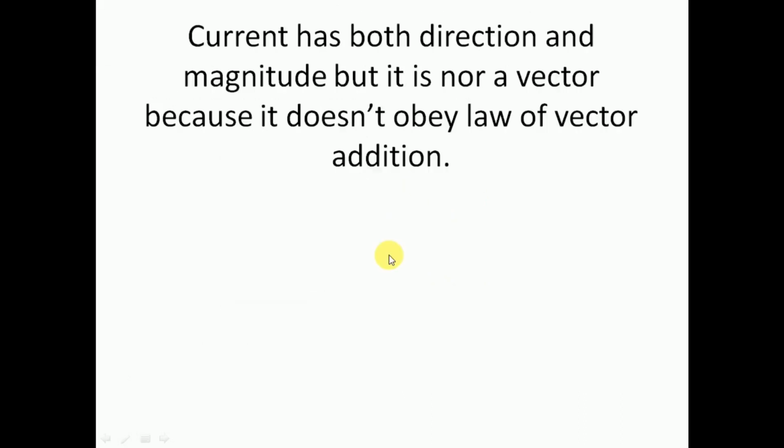Current has both direction and magnitude, as we all know. It moves from positive terminal to negative terminal, but we don't consider it to be a vector, because in vectors the resultant vector depends on the angle between the two vectors.